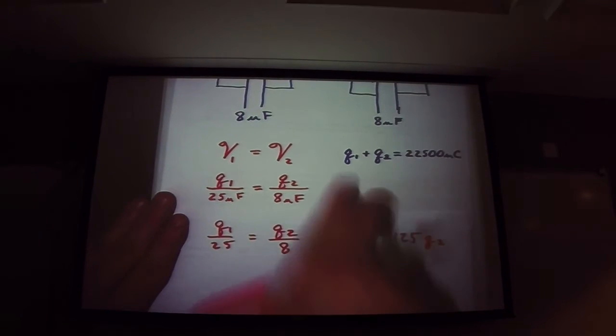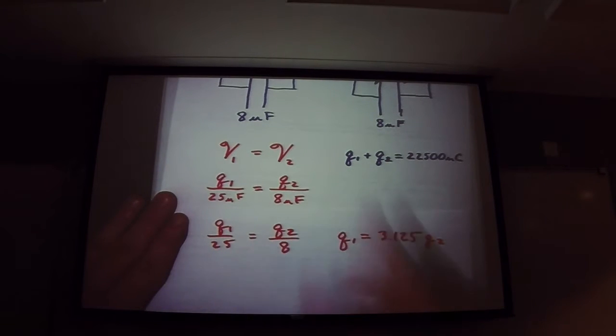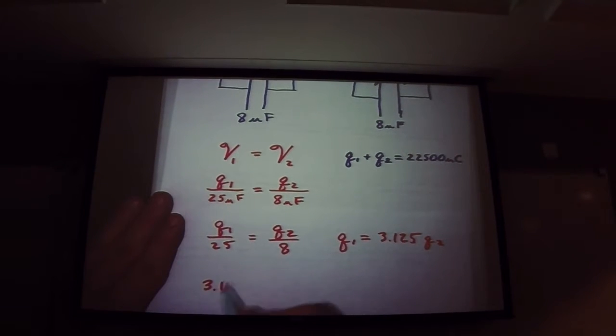Now I can plug this back in: 3.125 Q2 plus Q2 equals 22,500.